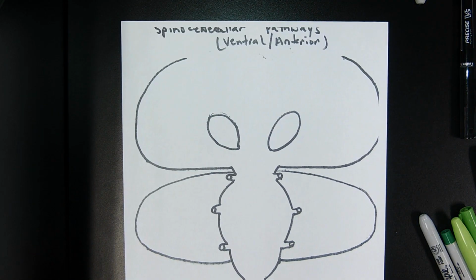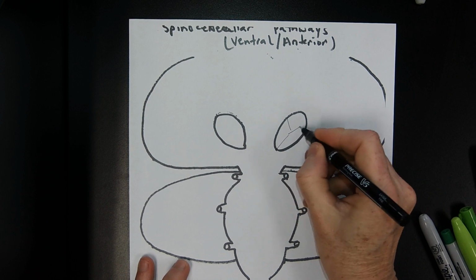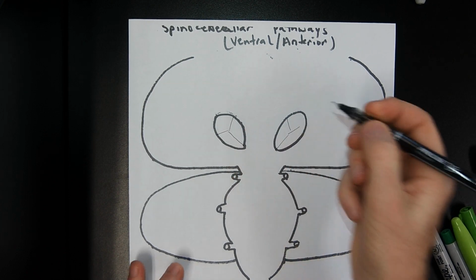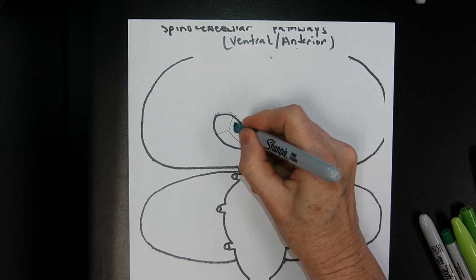Let's go back and look at ventral. The good thing about the ventral spinocerebellar tract is that the players are all exactly the same. So if you just want to go ahead and label everything that was there before, I have the same thalamic nucleus.